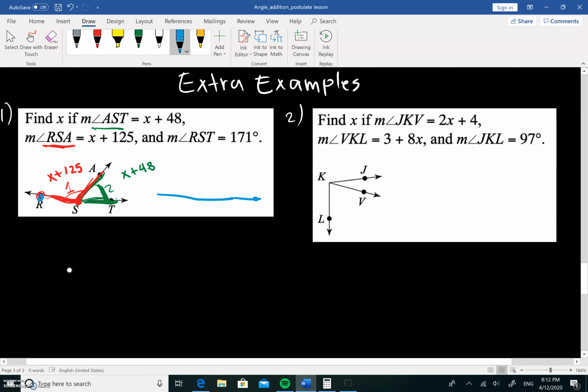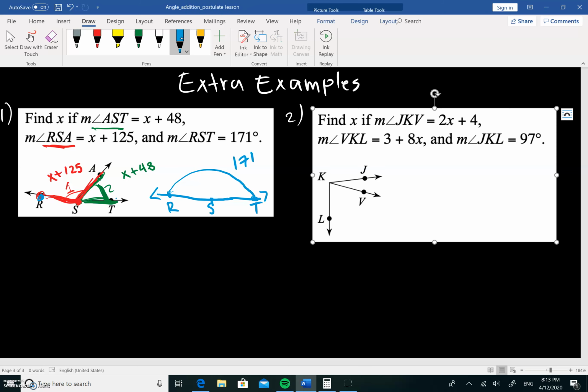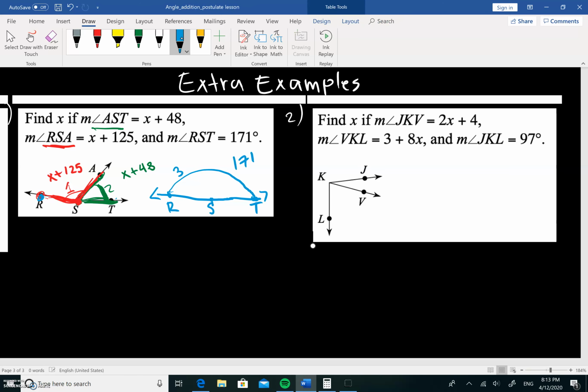So it's going to be T, S, and this one's R. So we have something like that. And basically, RST, or this larger angle, is 171. So that larger angle is 171, or we also know this as angle 3. So angle 3 is the 171.